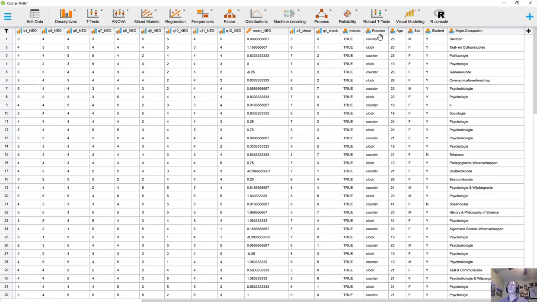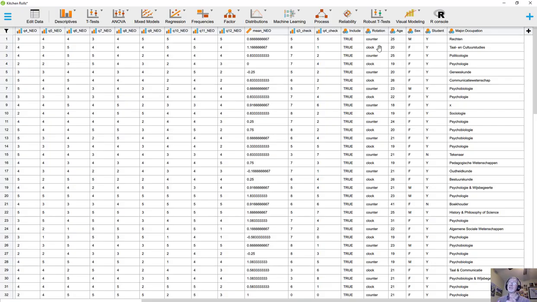this is a study that was done as an attempted replication of another study that found that when people rotated an object clockwise, in this case kitchen rolls, that somehow promoted a sense of novelty, which resulted in them scoring higher on openness to experience.